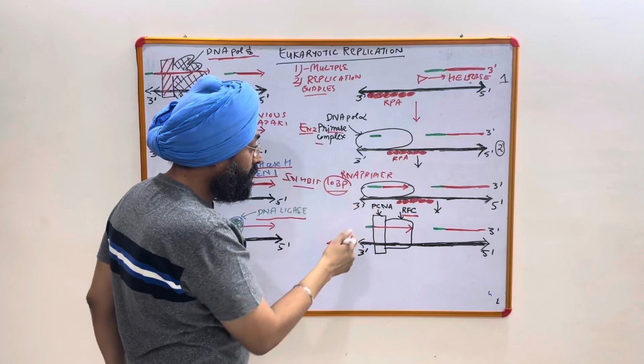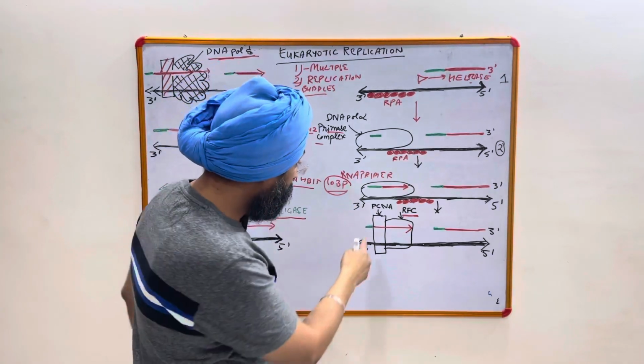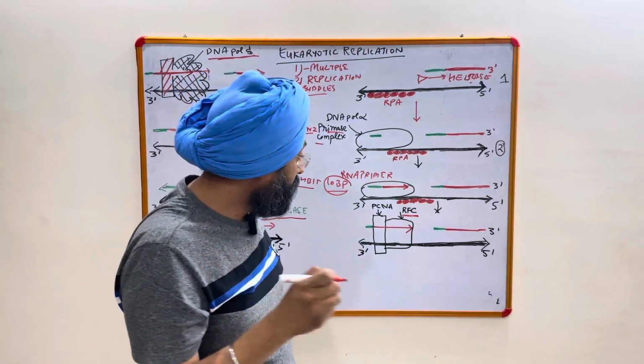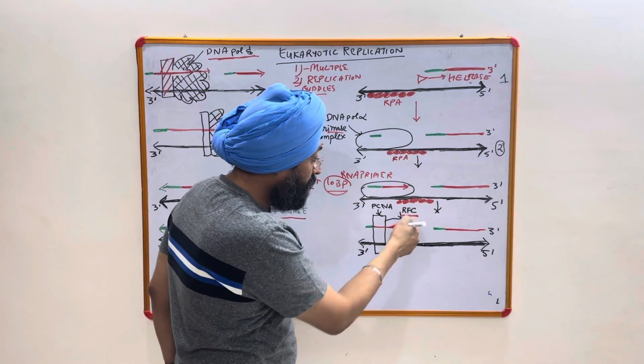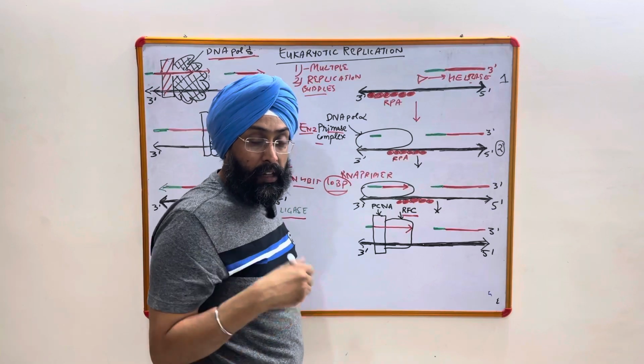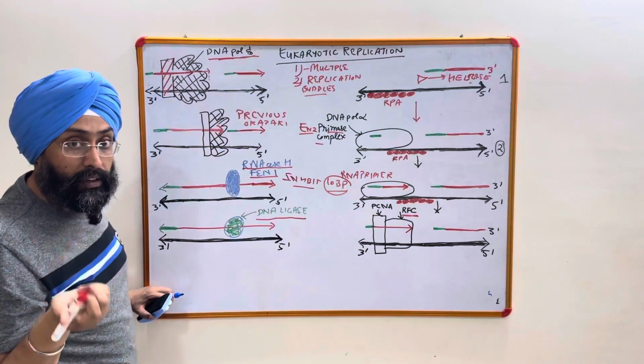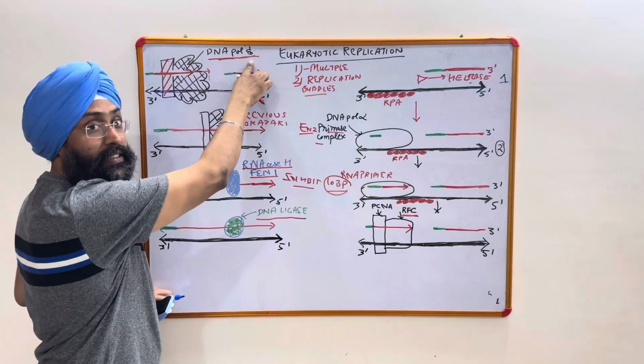After that, the primer is handed over to the clamp loader known as PCNA, or proliferating cell nuclear antigen, and replication factor C, which further elongates this primer by adding deoxynucleotides. For further elongation, we require DNA polymerase delta.